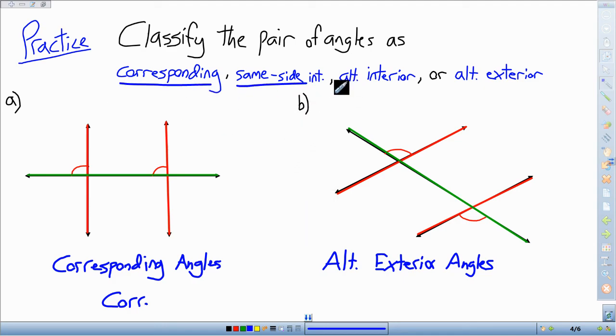They're not going to be alternate interiors or alternate exteriors, right? So I have 2 options for this one, and then I can go from there and think, okay, are they on the interior of the parallel lines? Well, no, they're not on the interior. They're on the same side. They're corresponding angles. Okay, so that's the way I recommend breaking these problems down.